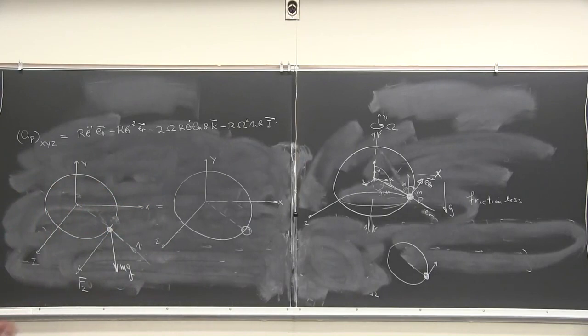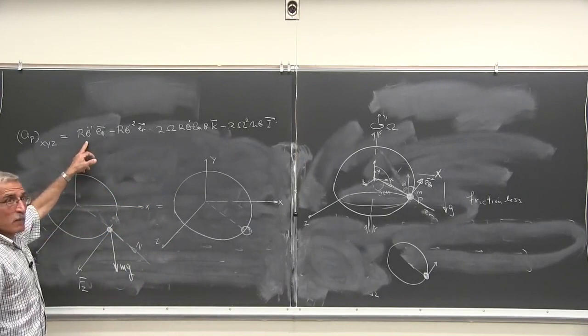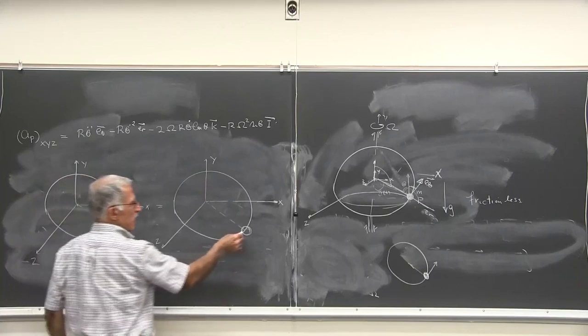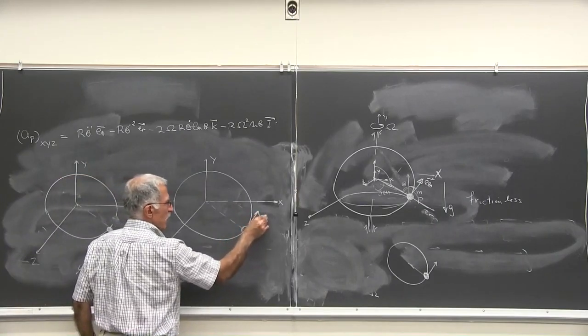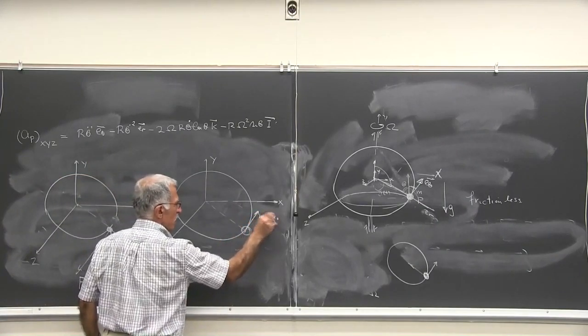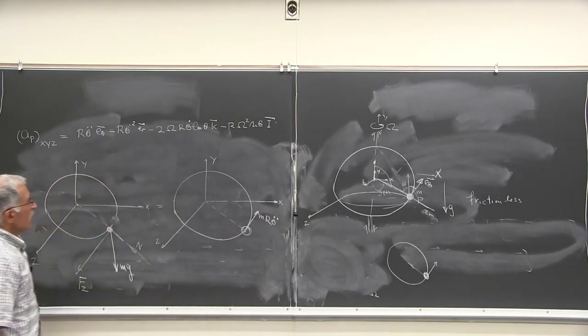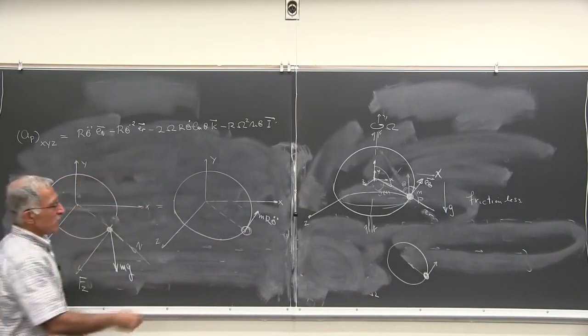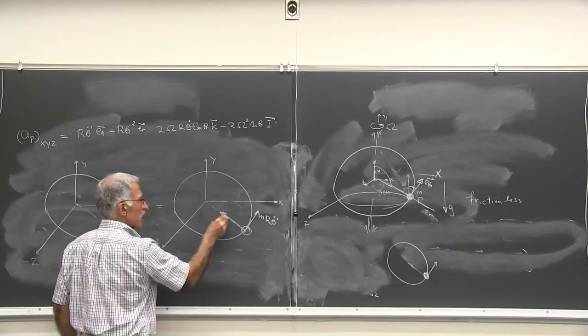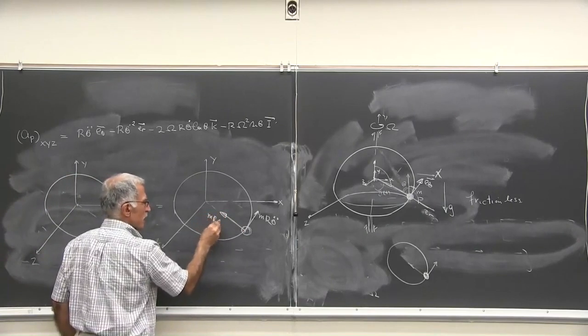Well, let's see what we have. We have r theta double dot e_theta, so we put it back here, mass times r theta double dot. We have r theta dot square, we put another one in this direction, mass times r theta dot square.